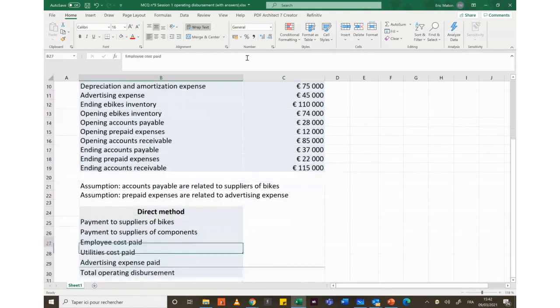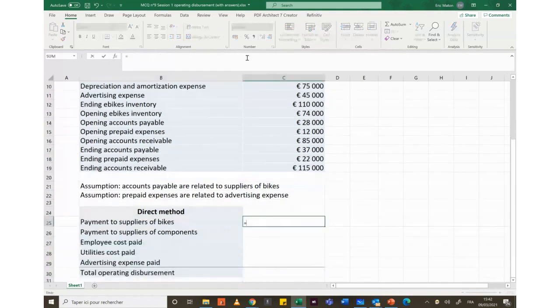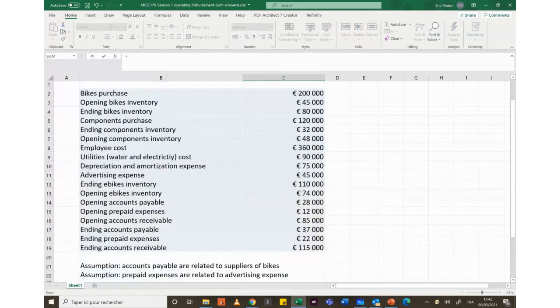So here, for the payment to suppliers of bikes, we have what we purchase, the 200,000, and we want what we pay from that. So if we don't pay, it's because we increase the accounts payable. So minus the increase in accounts payable. So minus, between parentheses, ending minus opening, accounts payable.